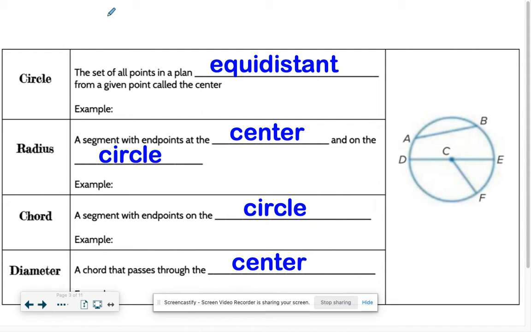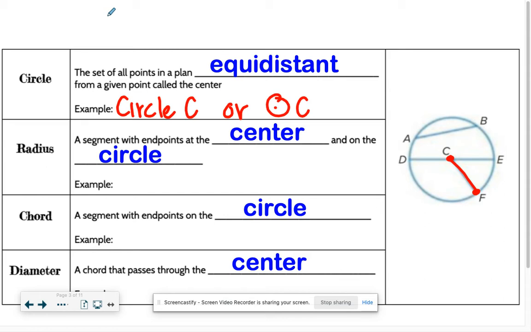So you can name a circle in a few different ways. You could either say circle C, because you name it by its center, or you do a little circle with a dot in the center, C. Those mean the same thing. A radius, we know, is a segment with the endpoints at the center and one on the circle.